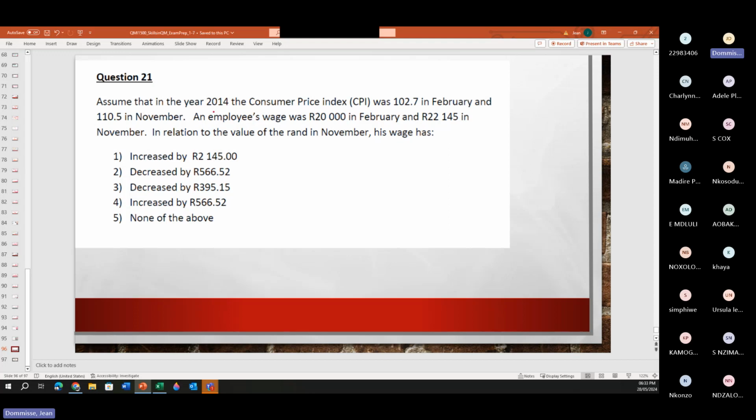Assume that in the year 2014, the consumer price index was 102.7 in February, and 110.5 in November. An employee's wage was 20,000 in February and 22,145 in November. In relation to the value of a rand in November, his wage has.